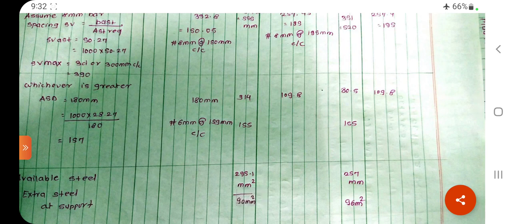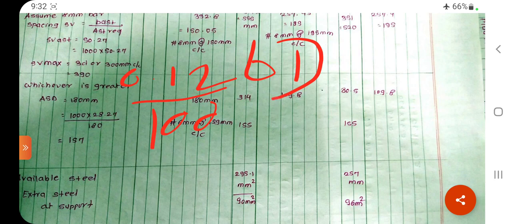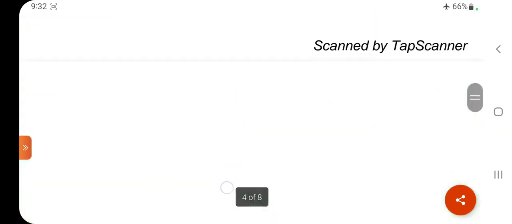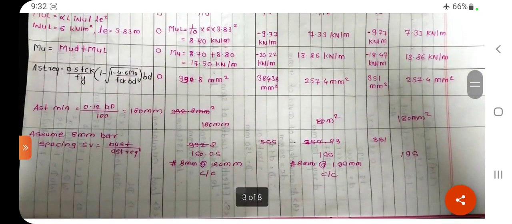Then we have to calculate the distribution steel. As it is a one way slab, we need to calculate the distribution steel. So here Ast distribution is equal to 0.12% or 12 upon 100 into small b into capital D, and we have calculated this value previously also.